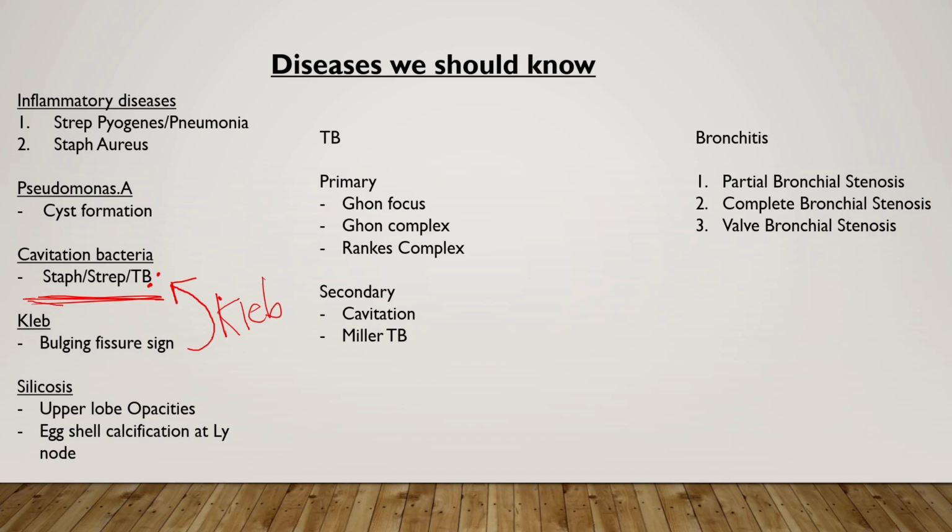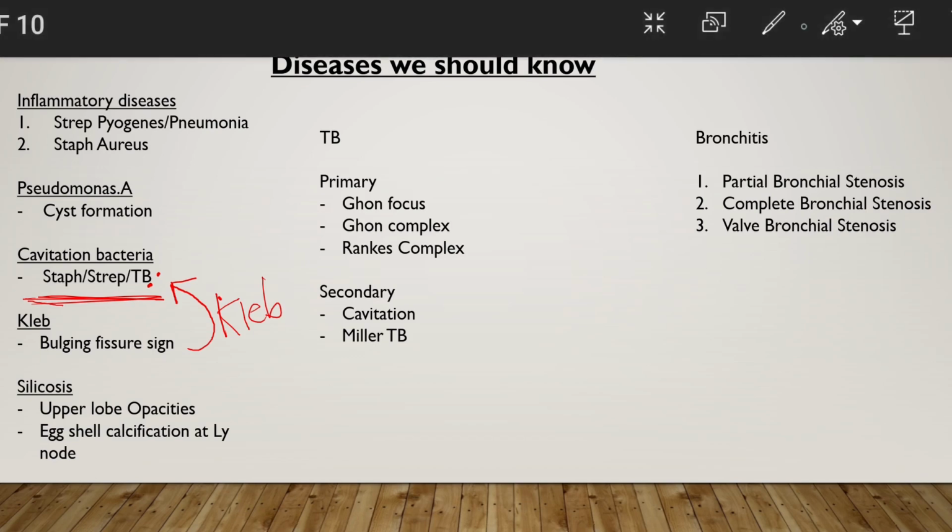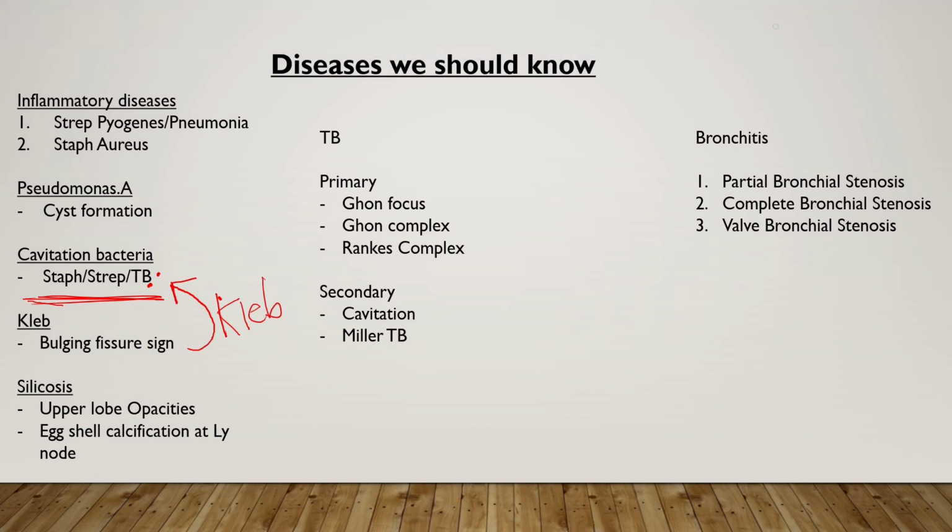All right, so you can have primary TB and secondary TB. Primary TB is basically TB someone gets when they have never had it before and they've just gotten it. Primary TB can happen anywhere in the lungs, so let's just draw a lung here.